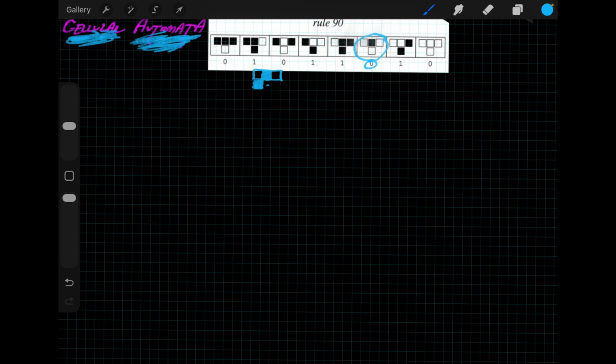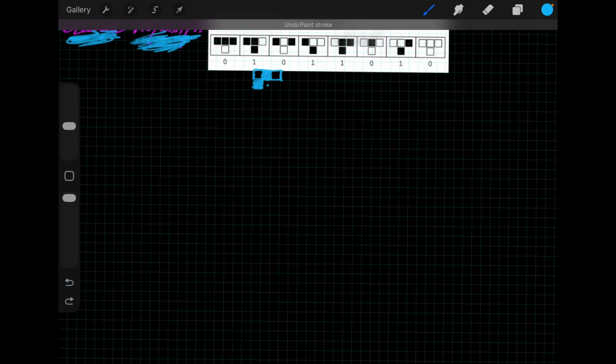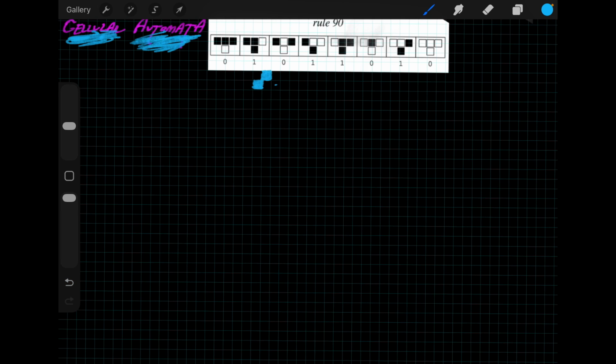So I don't fill in that cell. Then I go to this cell and look again at the 3 cells above it, and we see that it's filled in, not filled in, not filled in. Where's that? Right here. And it tells me that if it's filled in, not filled in, not filled in, then I fill it in. Then I go over here and I see that it's 3 blank cells again, so there's no reason for me to consider anything more to the right.